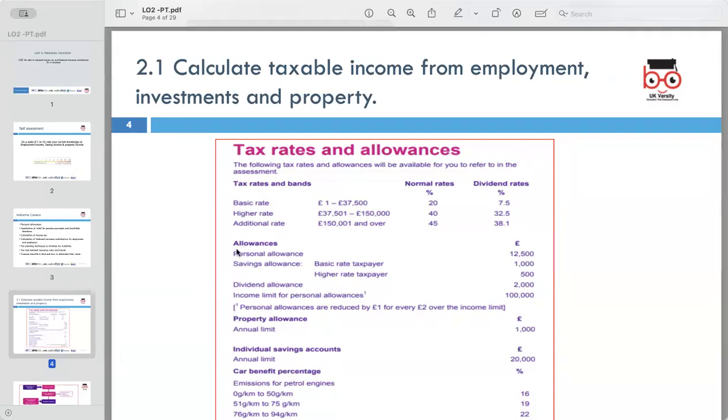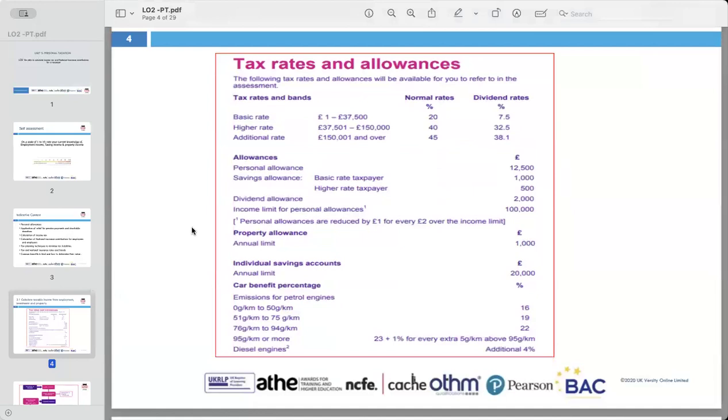Then allowances. Allowances such as the personal allowance, savings allowance, and dividend allowance reduce taxable income. For instance, personal allowance of £12,500 is tax-free income for individuals.